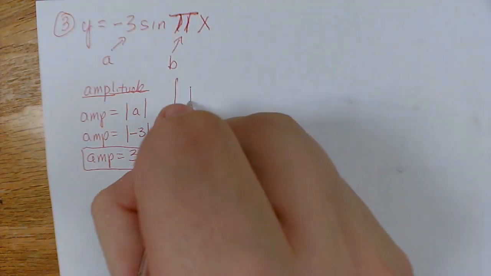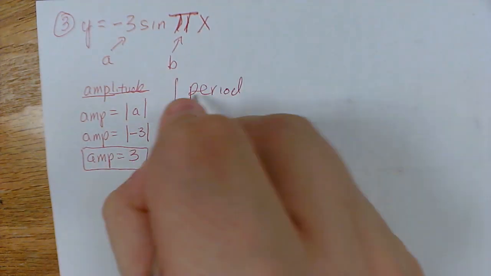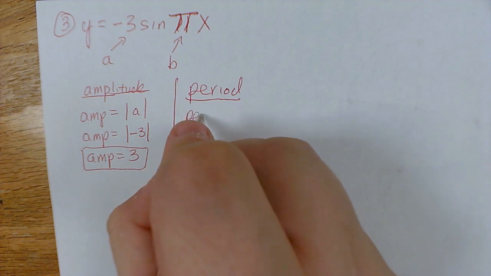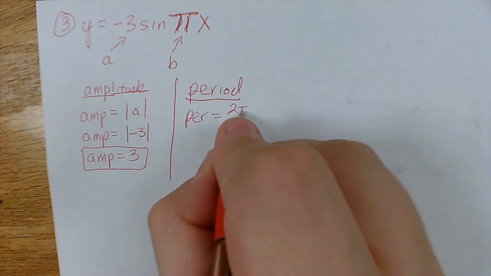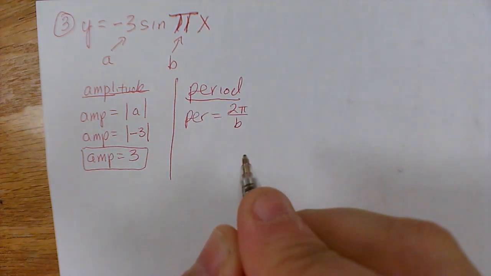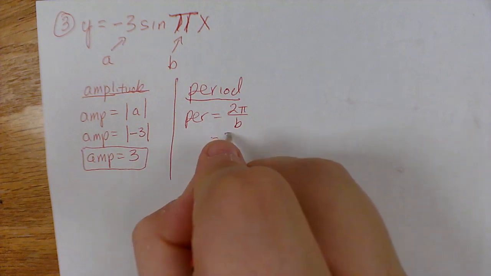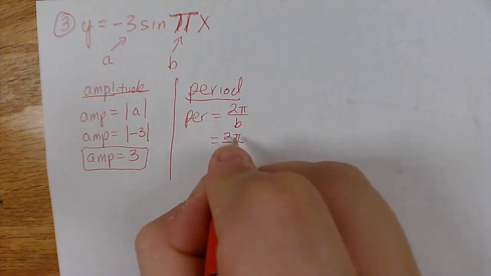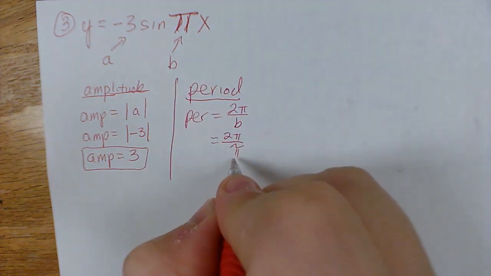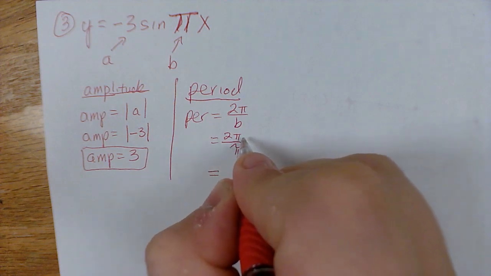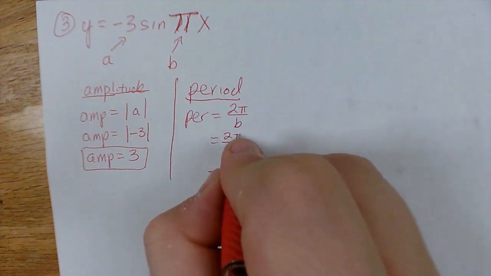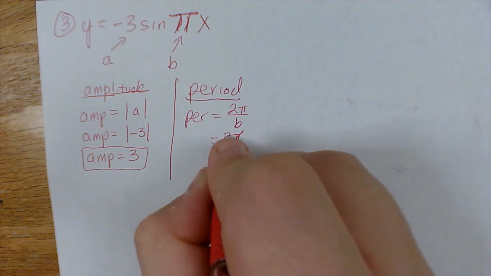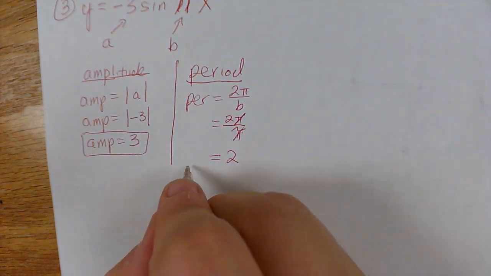To do our period this time, period is equal to 2 pi divided by b. We're going to have 2 pi divided by, in this case, pi. This is where you have to understand canceling rules from all your maths. Since there's a pi and a pi on top, the pi's cancel, and we're going to be left with a 2.